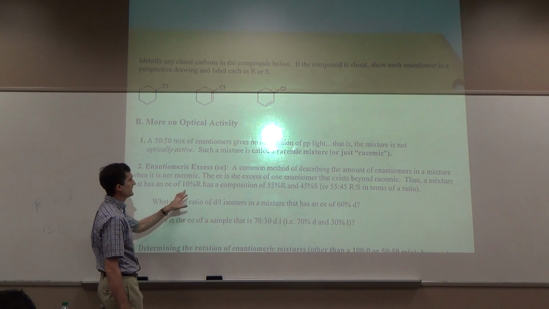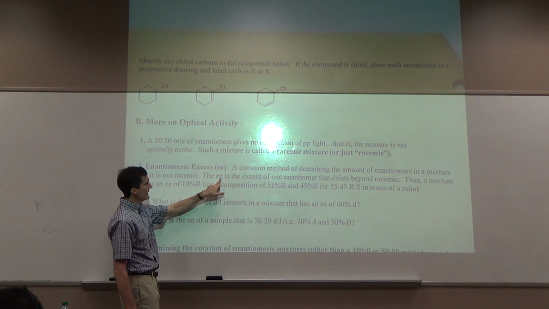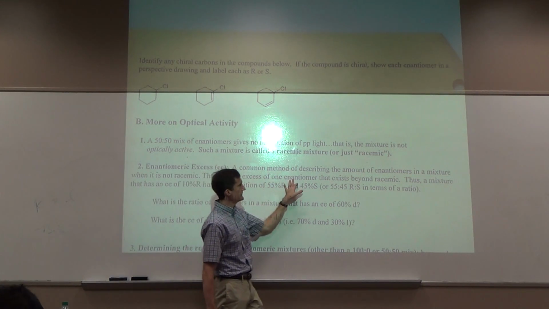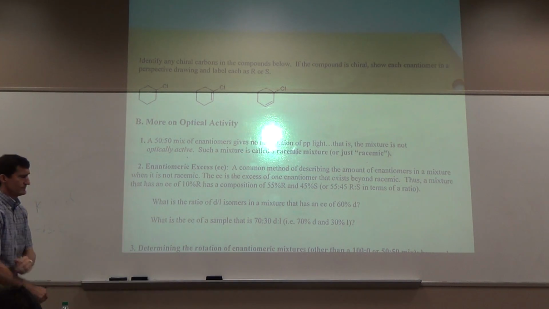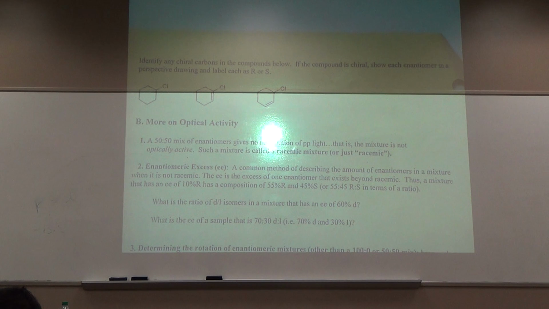The enantiomeric excess is the excess of one enantiomer that exists beyond racemic. Once you understand it, that statement explains what it is: the excess beyond racemic.